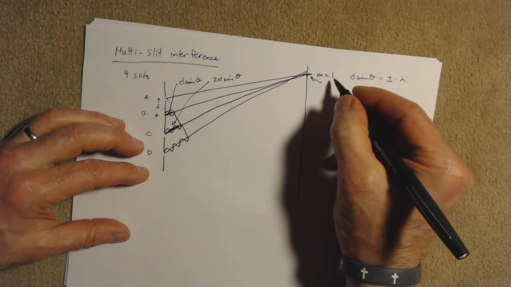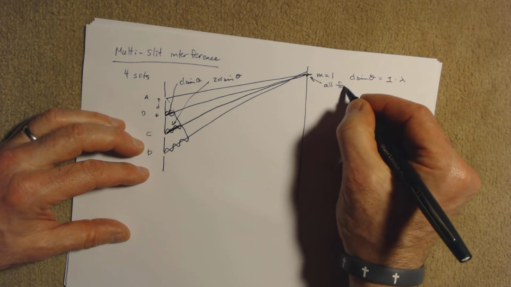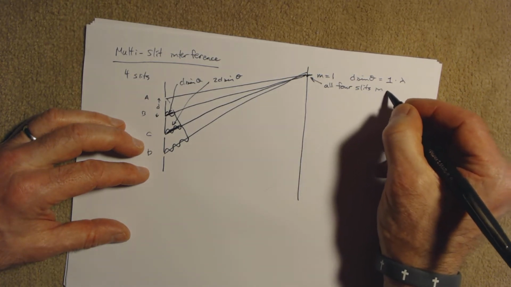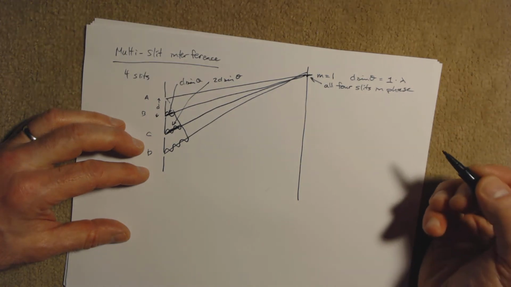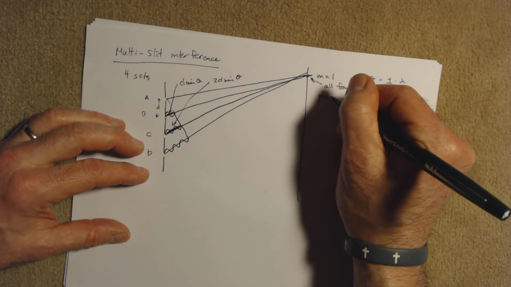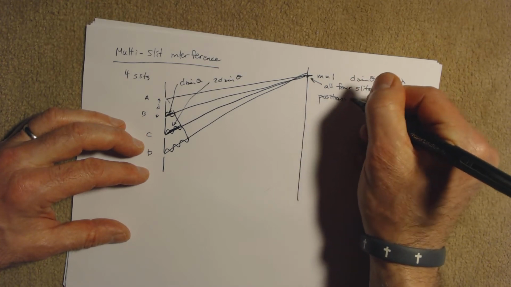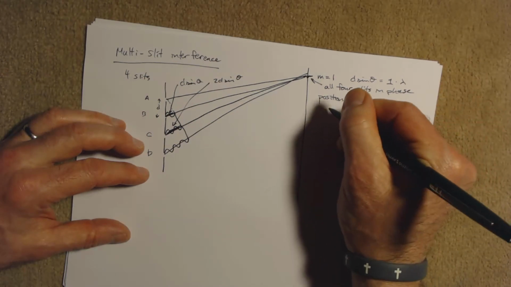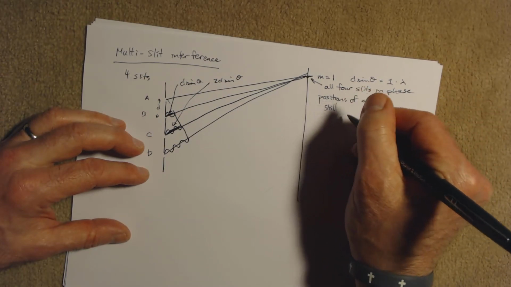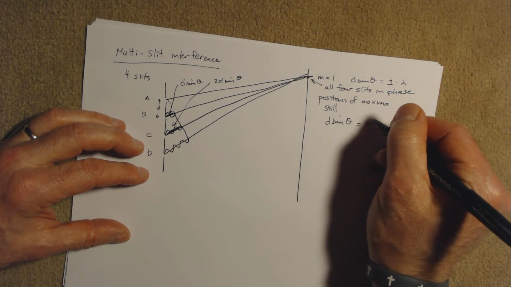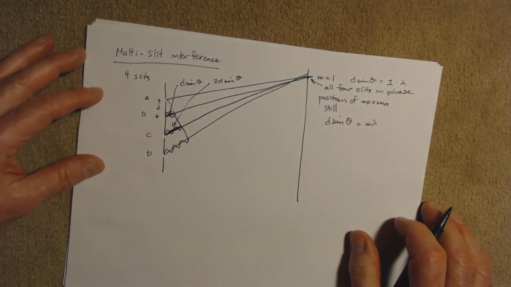So all 4 slits would be in phase whenever the top 2 are in phase. So we see that the positions of the maxima are the same. The positions of the maxima in our interference pattern are still determined by d sine theta equals m times lambda.